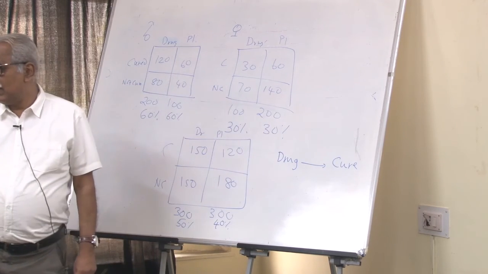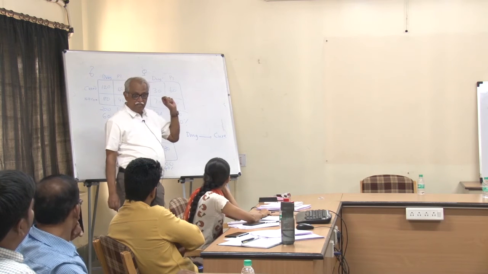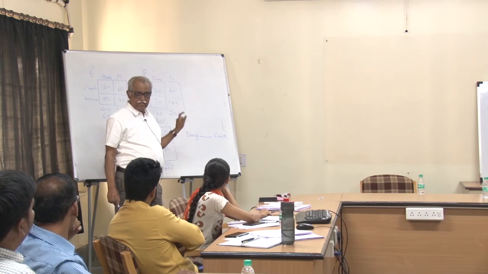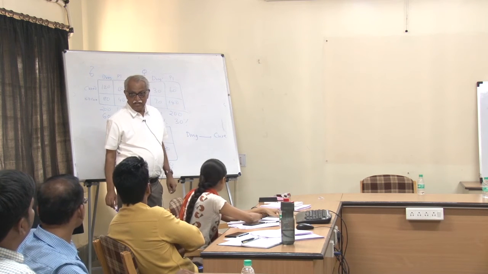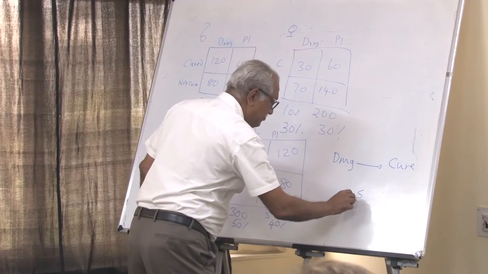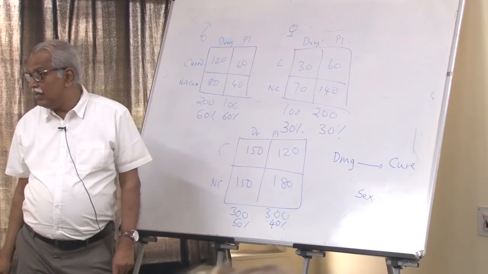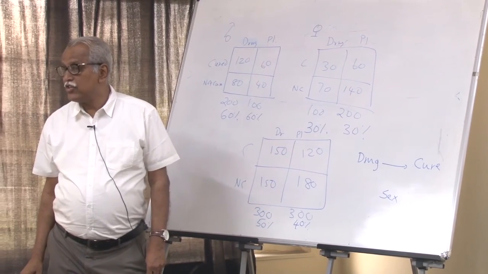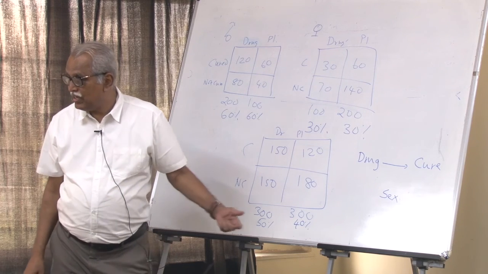A confounder is very straightforward because it appears only when we analyze for gender or sex. And so sex is a confounder. Sex to be a confounder, rule number one, it should have an effect on the outcome. Here it is cure. So this arrow should be complete.